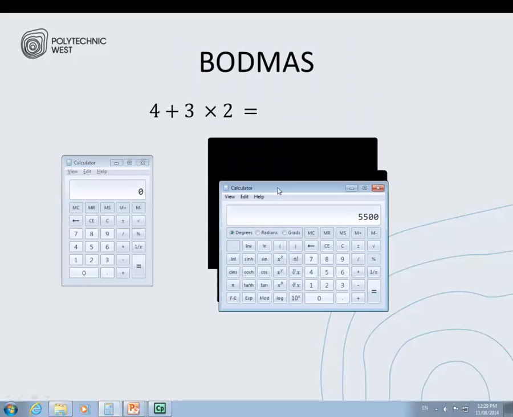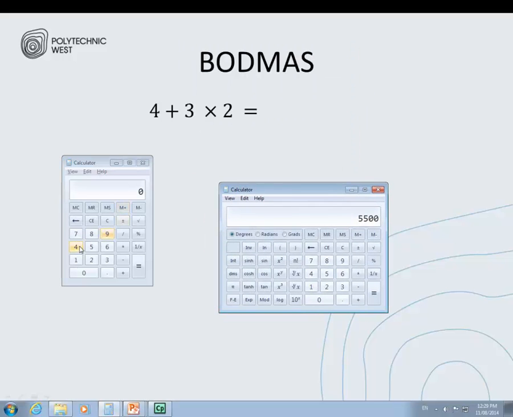I'm going to do it over here. 4 plus 3 times 2 equals 14. That's interesting. 4 plus 3 times 2 equals 10. Well, that's interesting. It did exactly the same sum in two different calculators. That's because one of these calculators isn't using BODMAS.